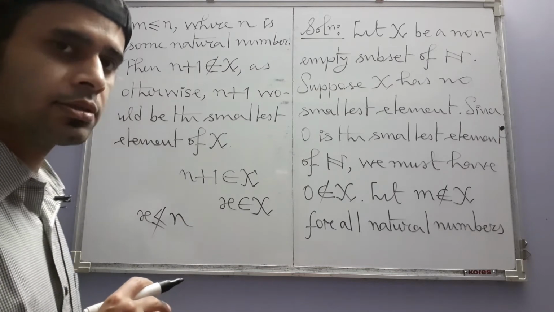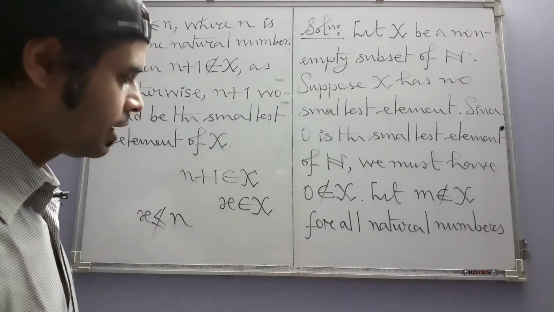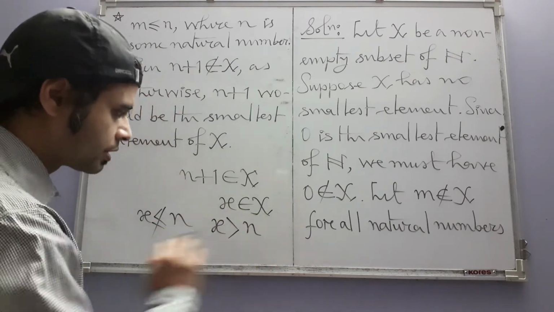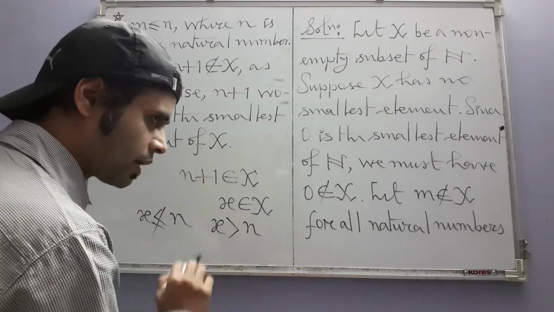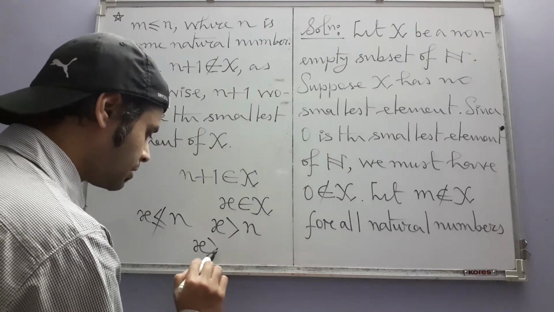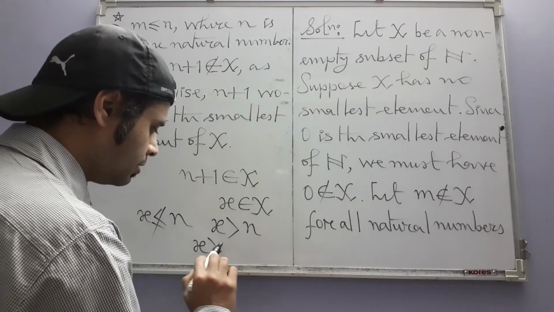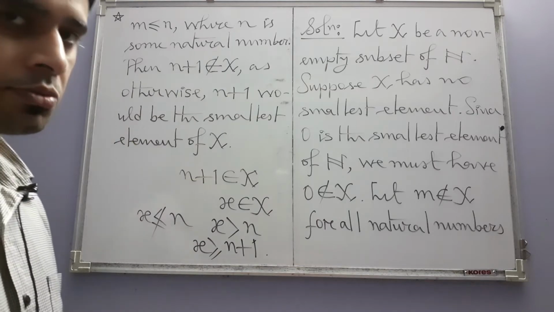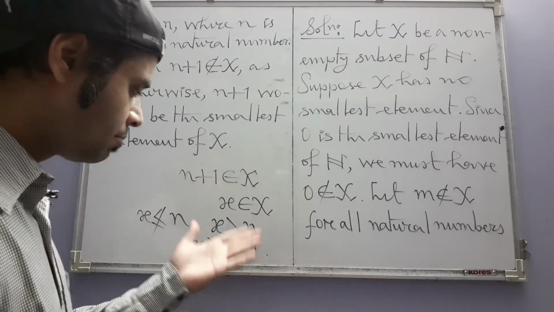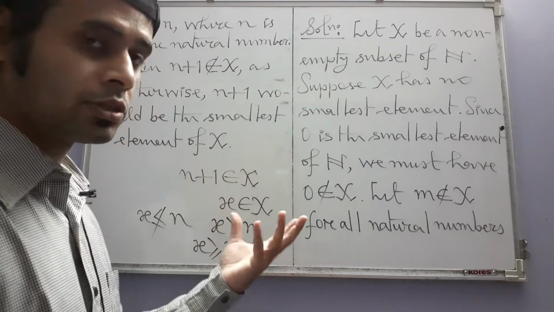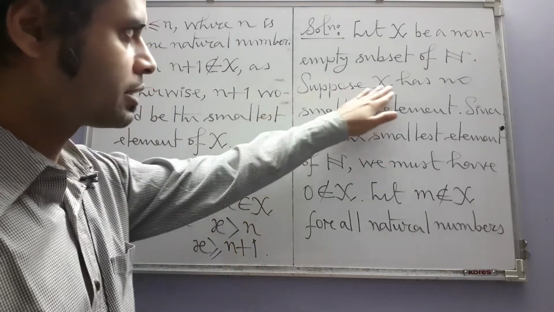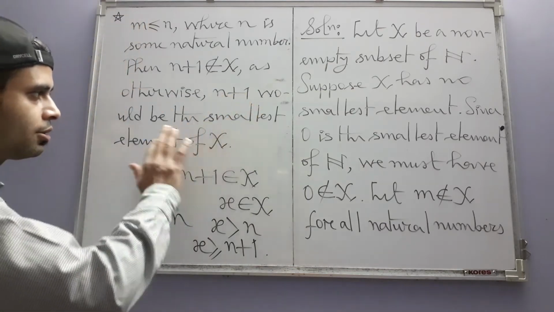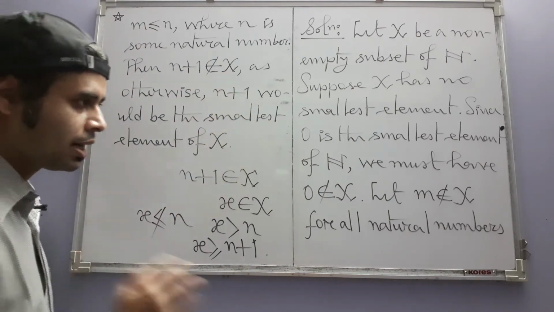That means x is strictly greater than n, and because x is strictly greater than n and we are talking about natural numbers, one of the properties of natural numbers is that this inequality means x is greater than or equal to n plus 1, and that is why n plus 1 would then be the smallest element of X, which according to our supposition does not exist. So n plus 1 also will not be in X. So what have we shown?